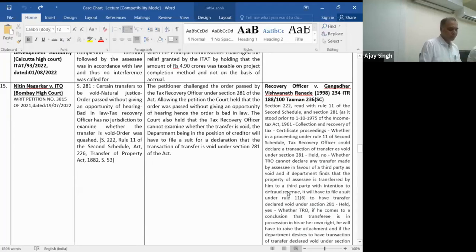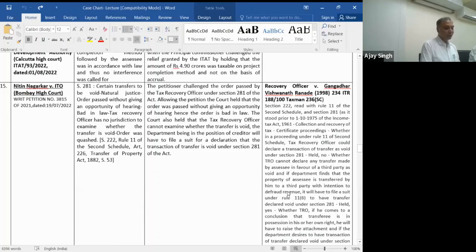So on the extreme right, where I've given a reference, the courts have referred to all these provisions, section 222 read with rule 11 and section 281, where they say that in certificate proceedings under the second schedule, rule 11, the tax recovery officer cannot declare a transfer as void.